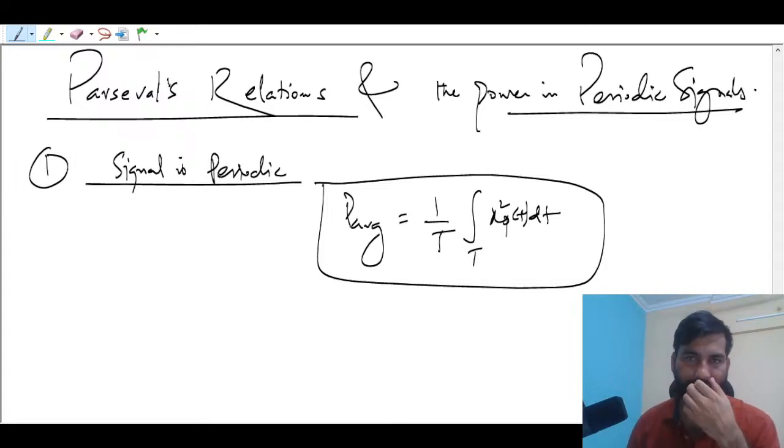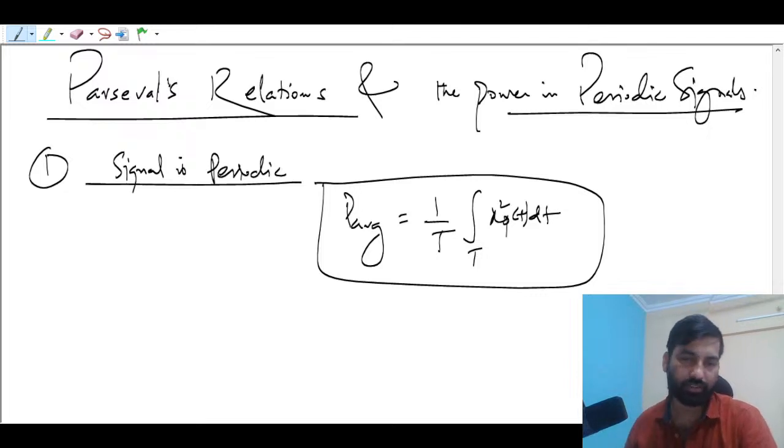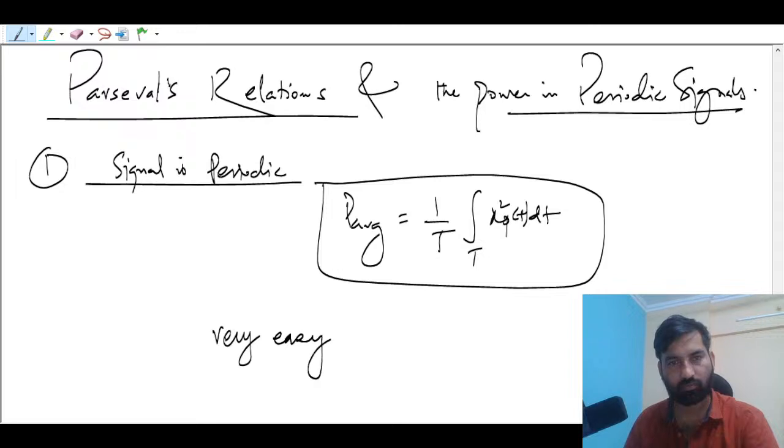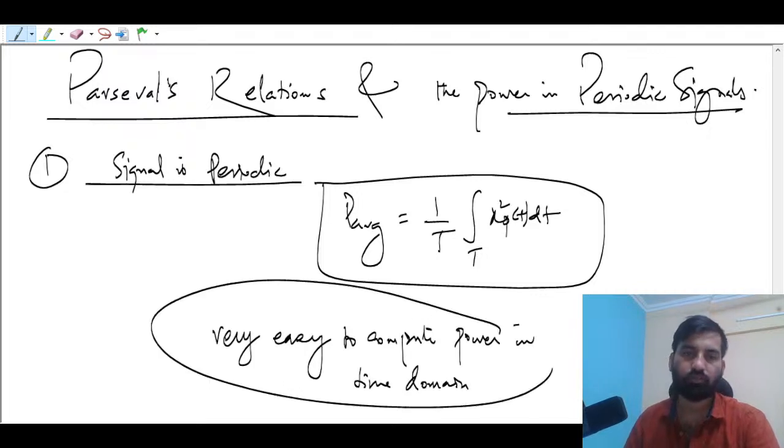So for a given periodic signal, it is very easy to evaluate the signal power in the time domain. Very easy, direct, okay?